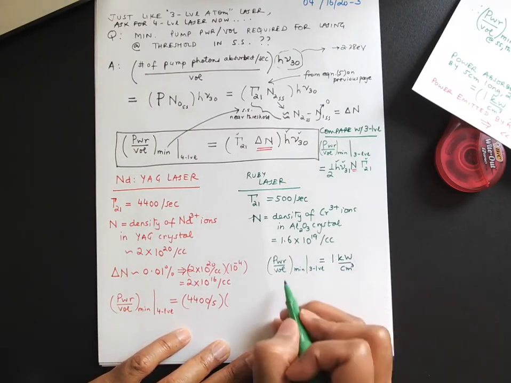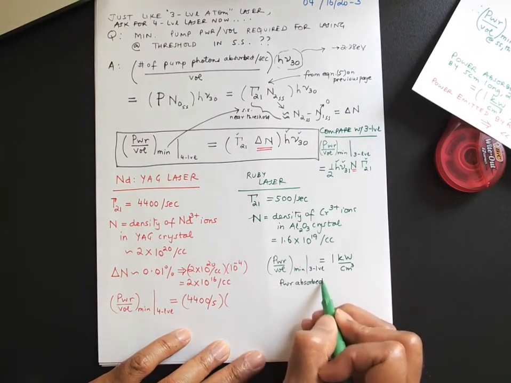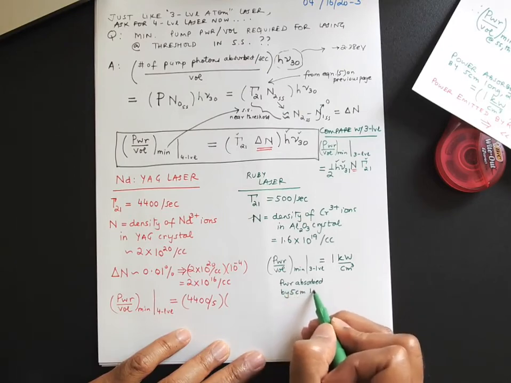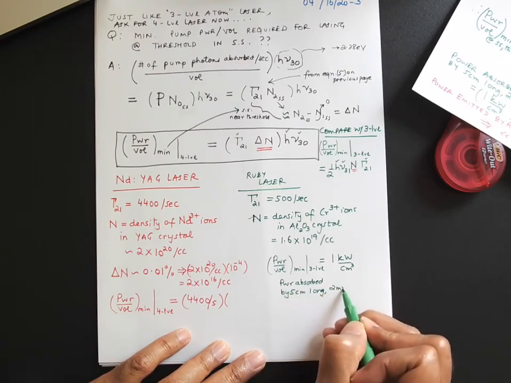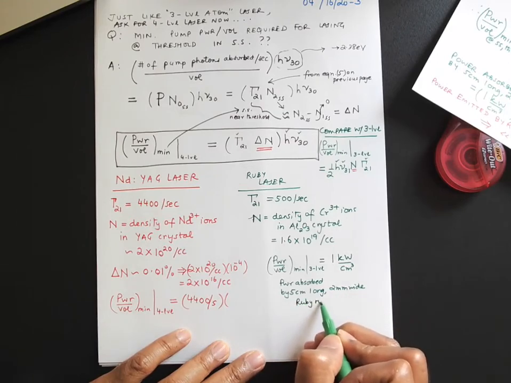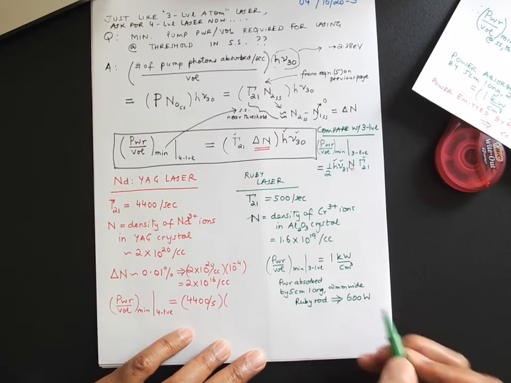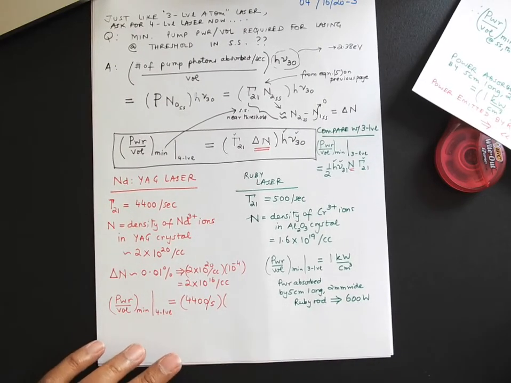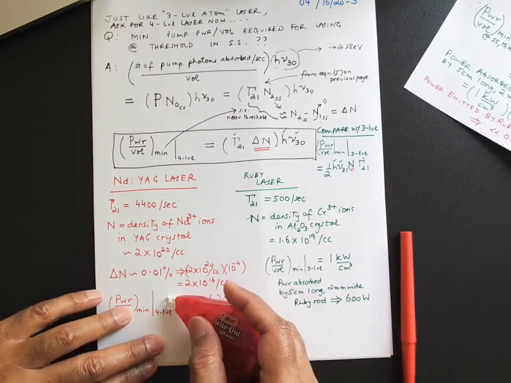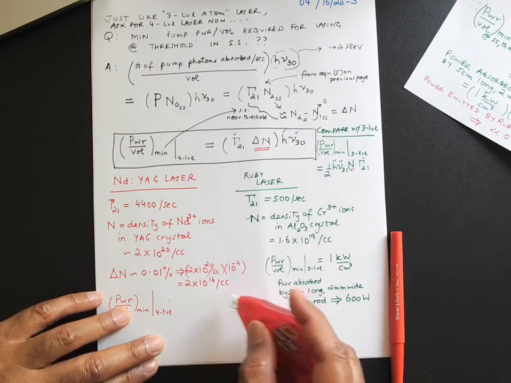And then the power absorbed by the 5 centimeter long, 2 millimeter wide Ruby rod worked out to 600 watts. Okay, so that was the result for the Ruby. Now let's do the Nd:YAG.